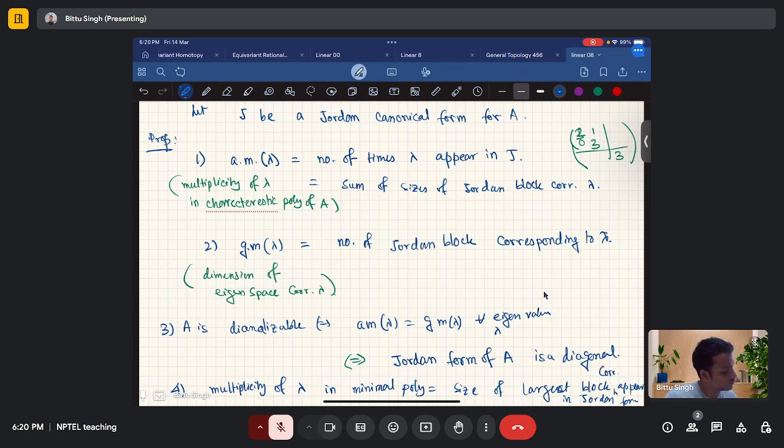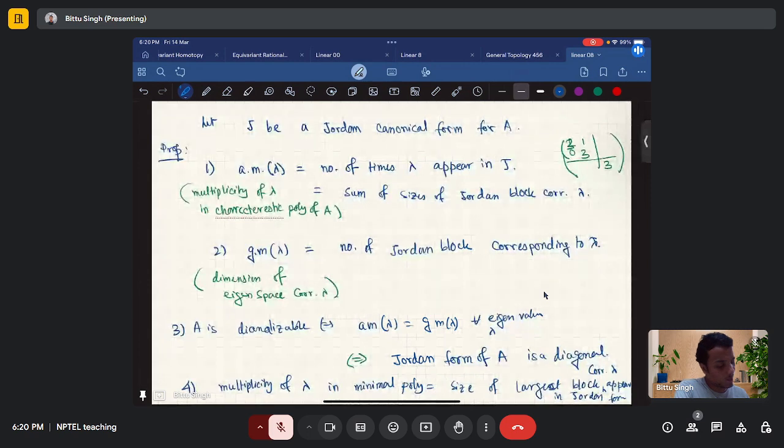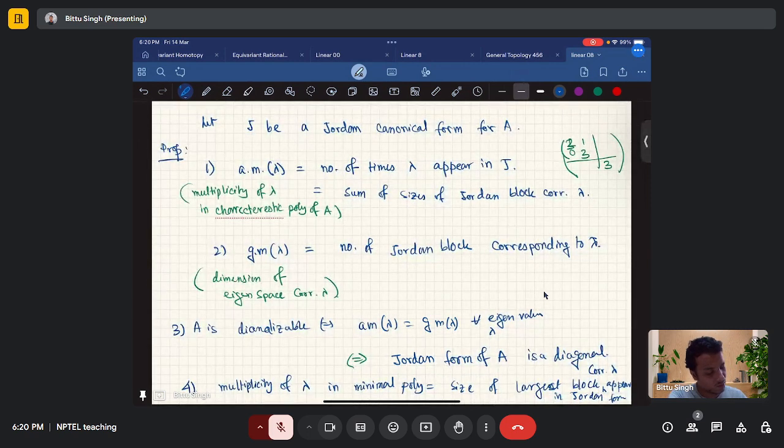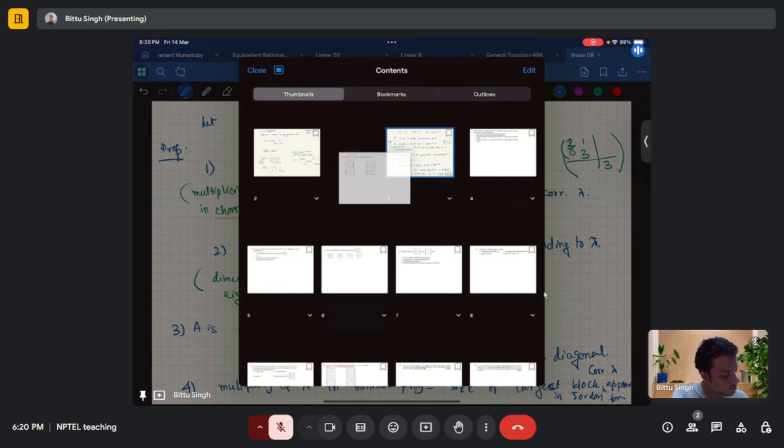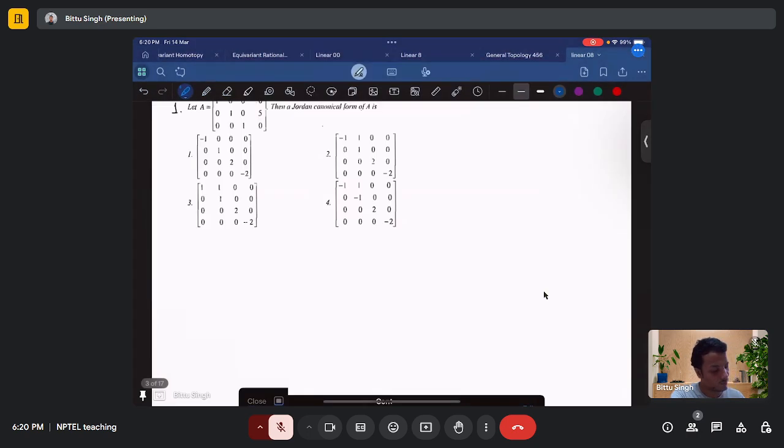Okay, those are some properties of eigenvalues and the Jordan canonical form. Now let us solve some problems.